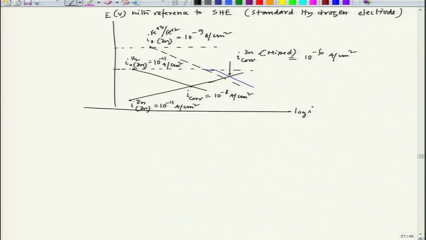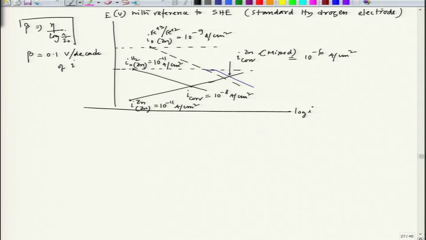And a few data that is given is beta equal to 0.1 volt per decade of current density. Why decade? Because beta can be considered as η by log of I by I0.